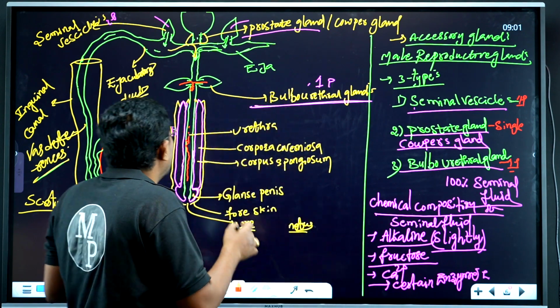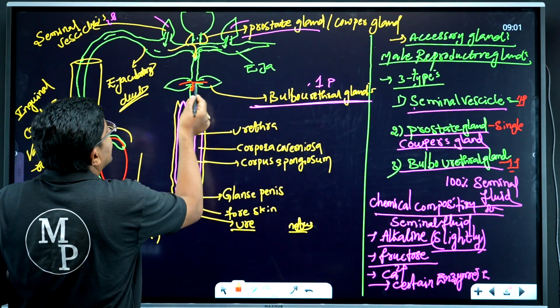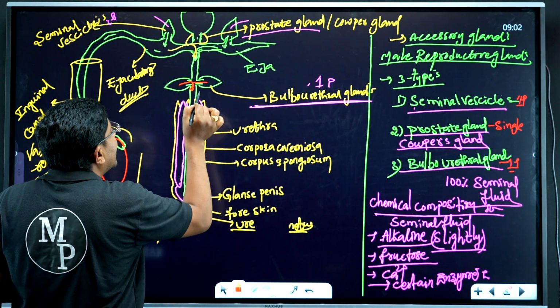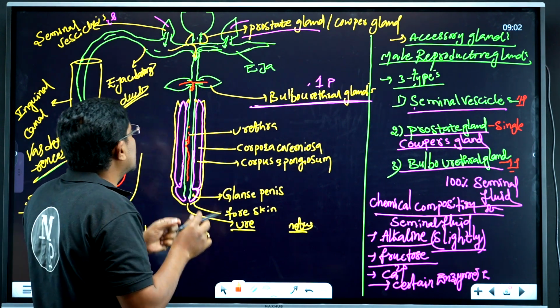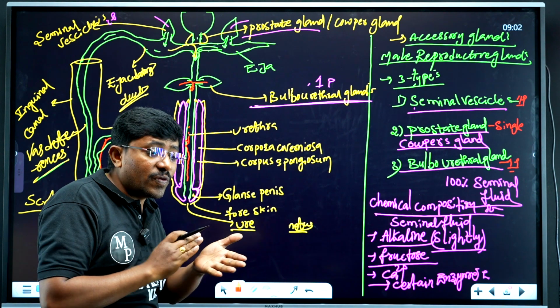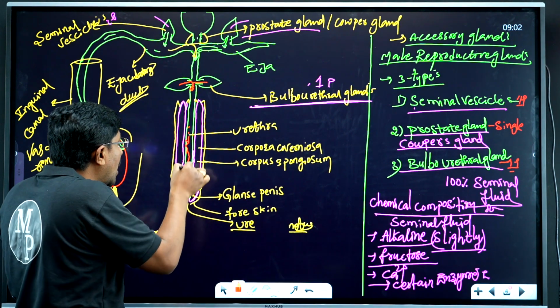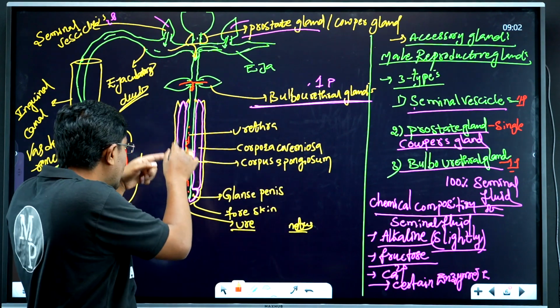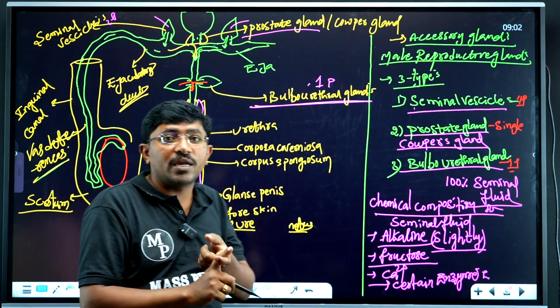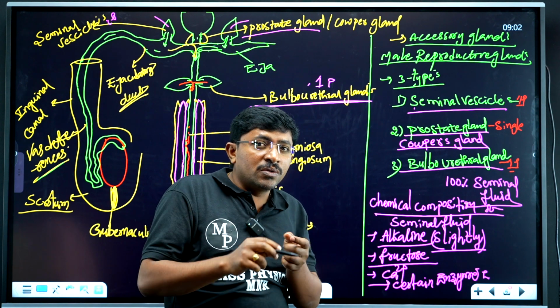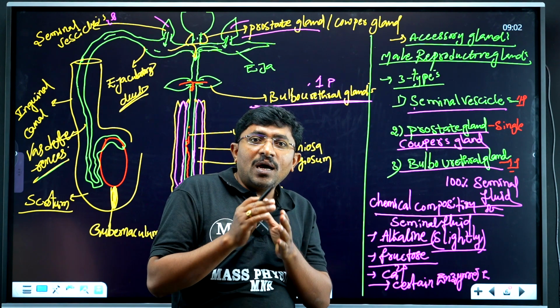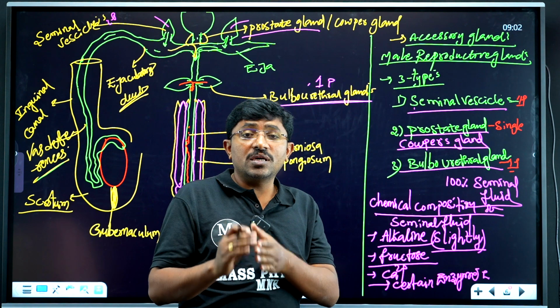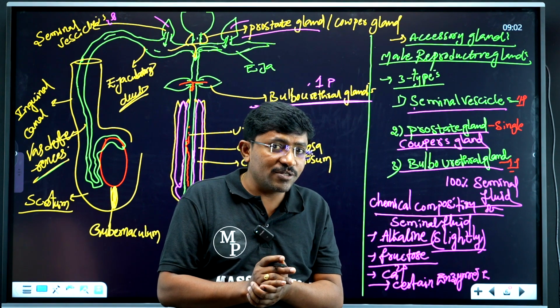That's why after maturation, the bulbourethral glands release some secretions that help flush out the remaining urine particles from the urethra. In this way, the urethra is protected by the secretion of the bulbourethral glands.